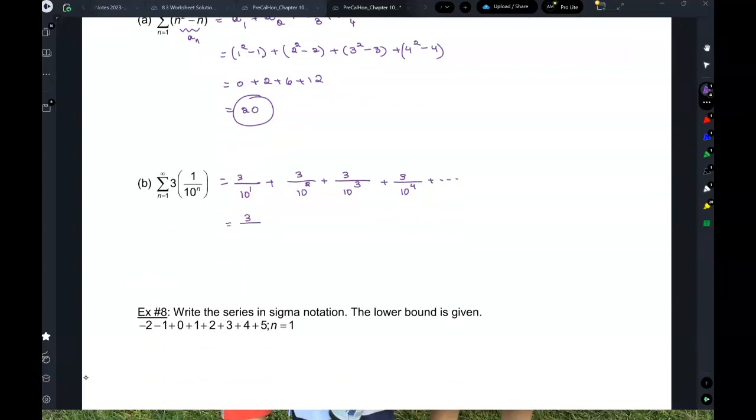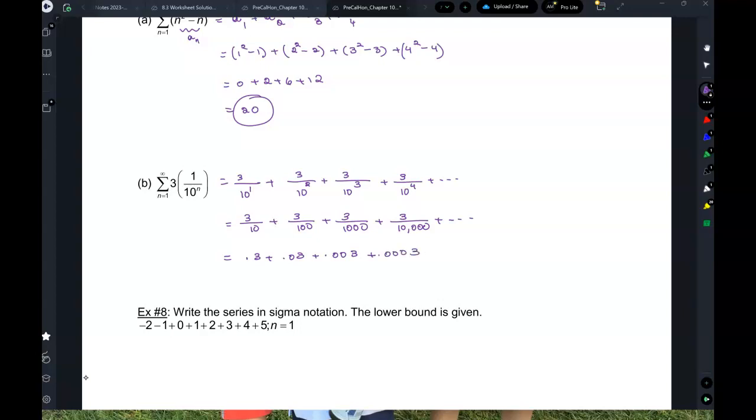This is going to be 3 over 10, 3 over 100, 3 over 1,000, 3 over 10,000, plus dot, dot, dot. And you're like, okay, well, what about that? Well, let's go to decimals now. This is the first time I'm telling you to write something in decimals. This is 0.3 plus 0.03 plus 0.003 plus 0.0003.